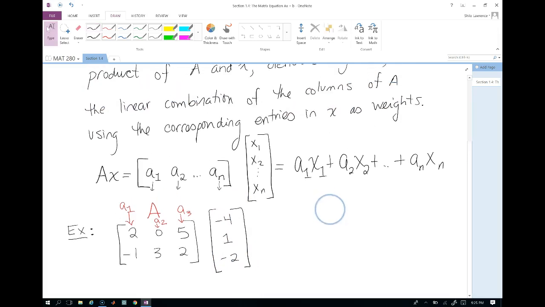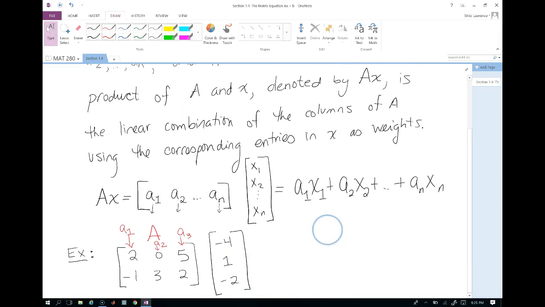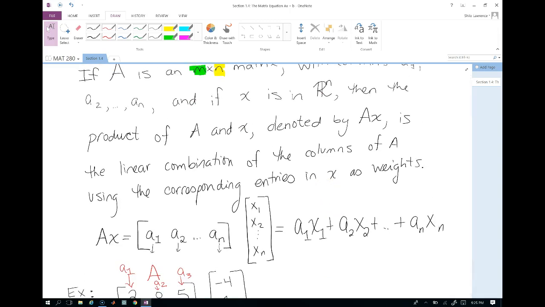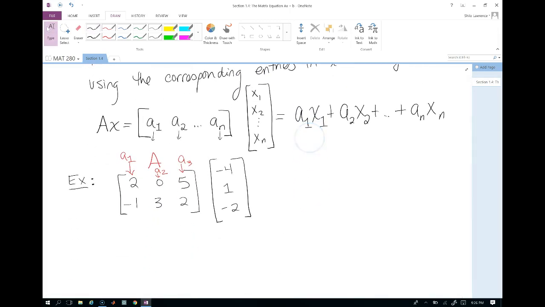So what our definition says up here is that this product is the linear combination of the columns of A using the corresponding entries in x as weights. So each column in matrix capital A, I'm going to separate them out into vectors.